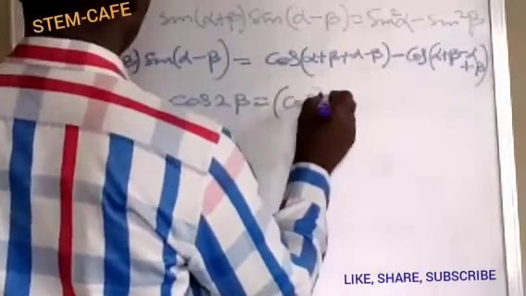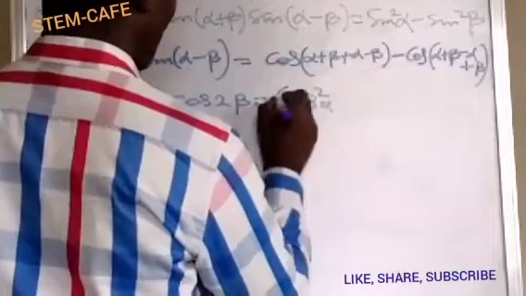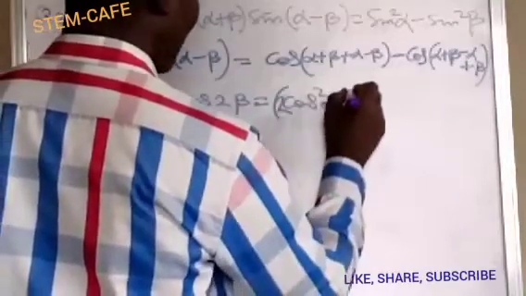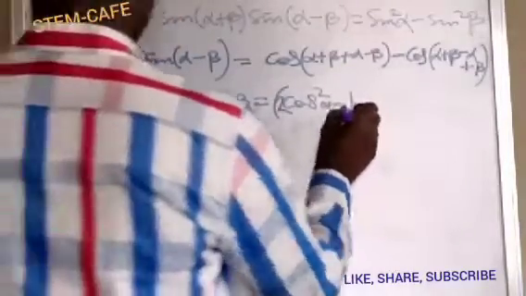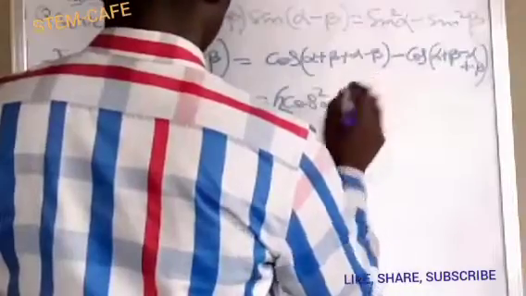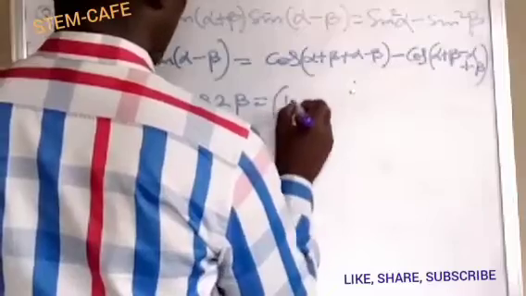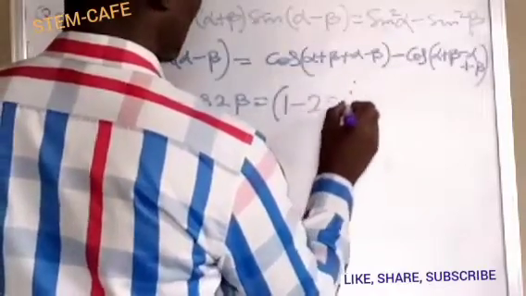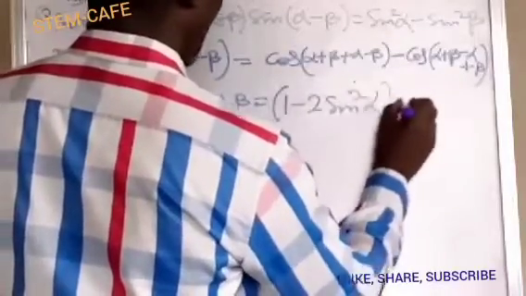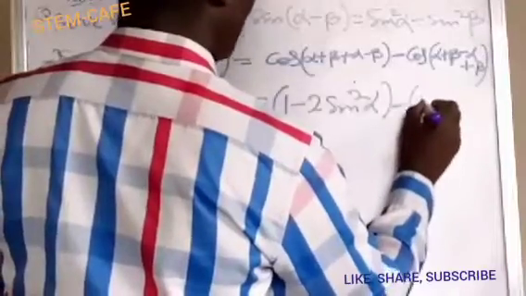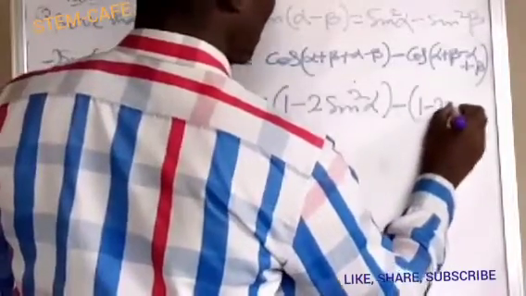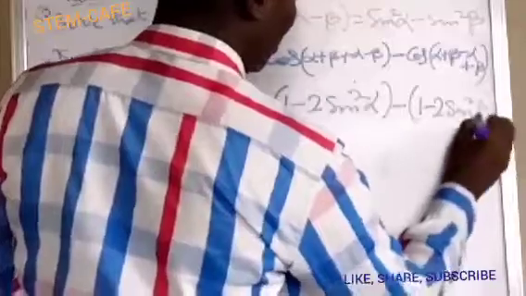It's going to give me cos square alpha, 2 cos square alpha minus 1. Or let me make it like this straight because of the answer here. 1 minus 2 sine square alpha minus 1 minus 2 sine square beta.